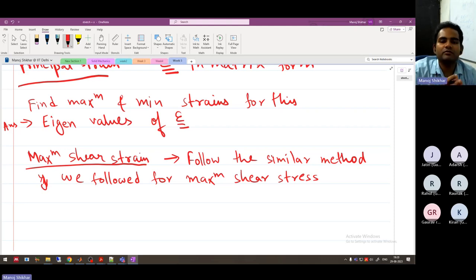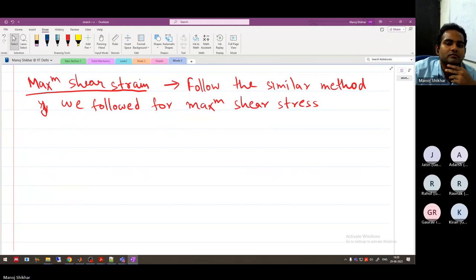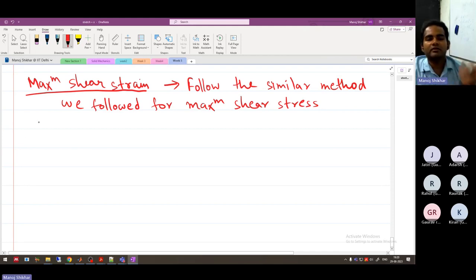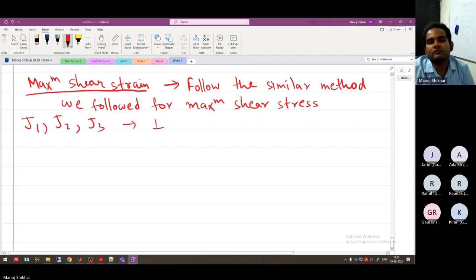In the same way, you can find the deviatoric part or the hydrostatic part of the strain tensor. You can find the invariants here. You write J1, J2, J3 as the invariants of a strain tensor.